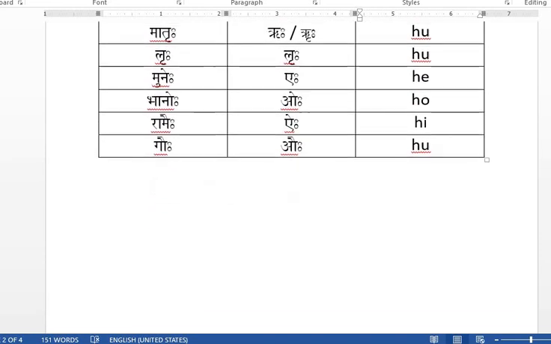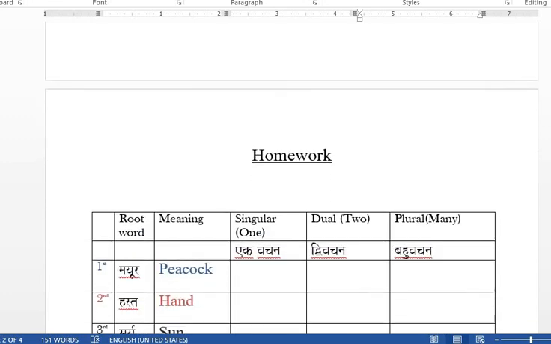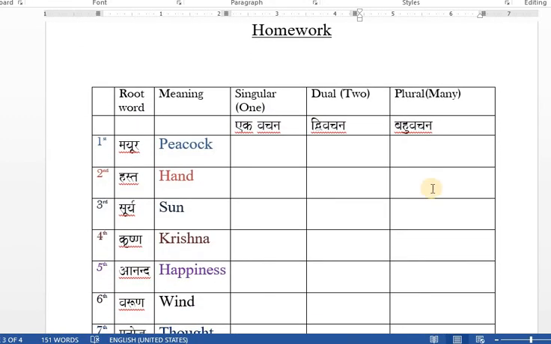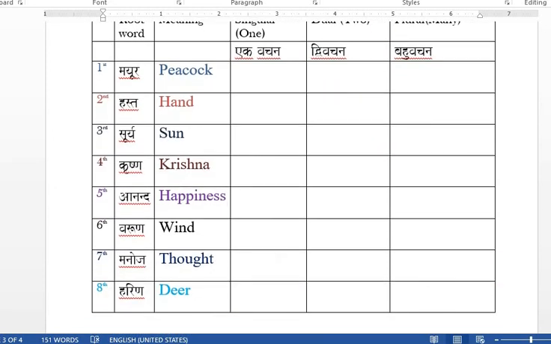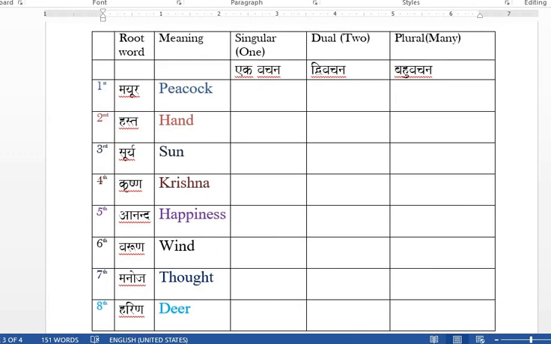After this, more homework on the same Rama table, students. Check this one. What is written here? We are having different words again. Mayura, Hasta, Surya, Krishna, all are ending with the a sound only, just like Rama.